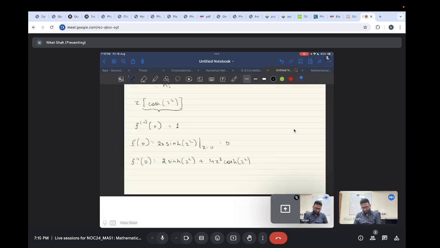So this also seems to be 0 here if I put z equal to 0.